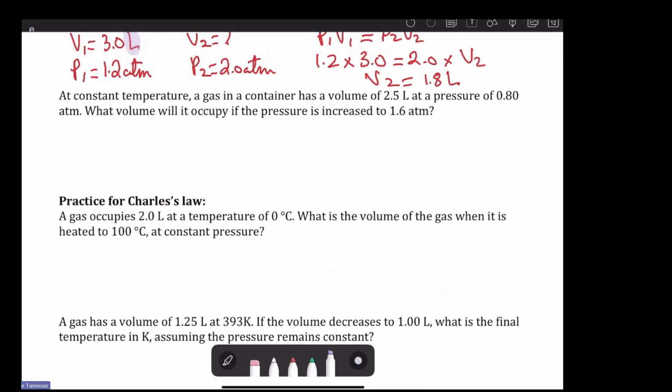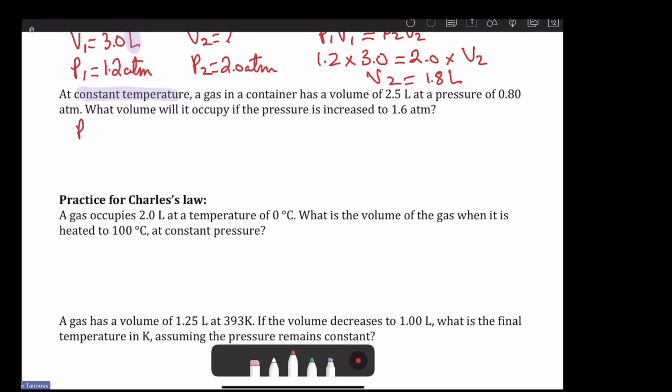Again, at constant temperature, so we are in Boyle's law. A gas occupies a volume of 2.5 liter, that's V1, with a pressure of 0.8 atmosphere, that's P1. So 0.8 and V1 2.5.